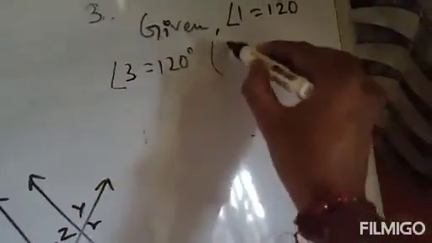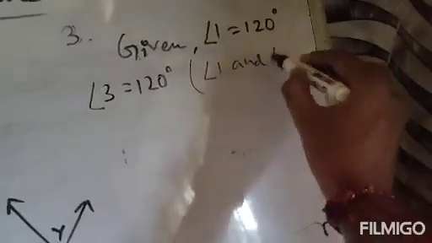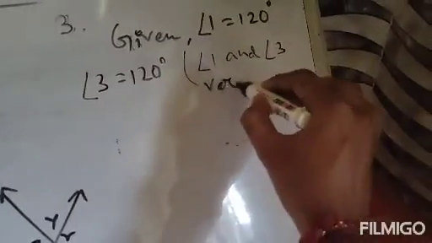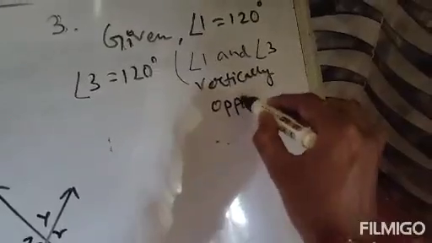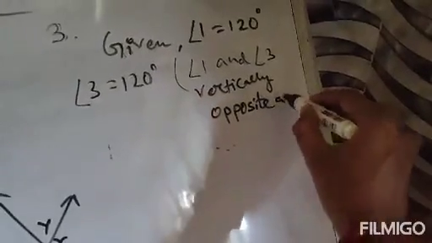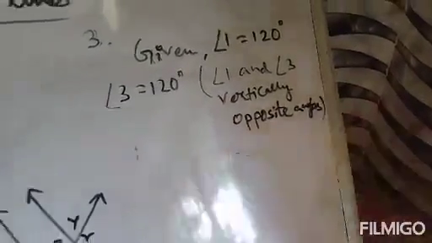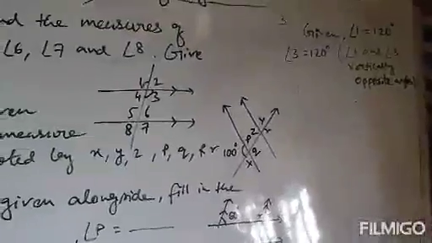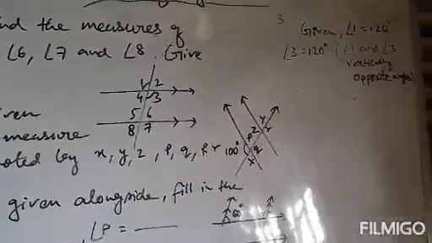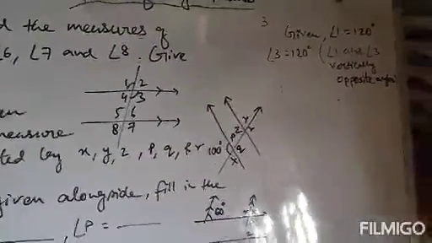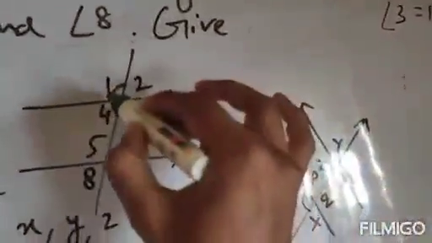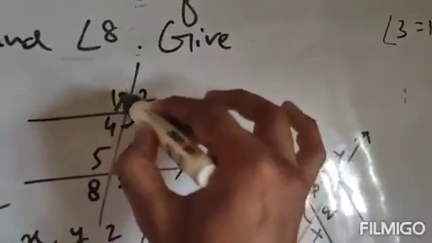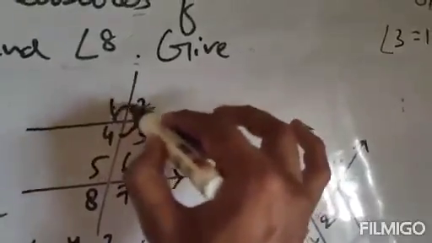The reason is that angle 1 and angle 3 are vertically opposite angles. Next, angle 1 and angle 2 are adjacent angles.